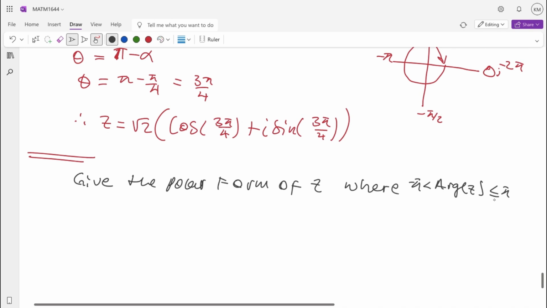Okay, it's in between minus pi and pi like that. So now we are restricted because of that reason.